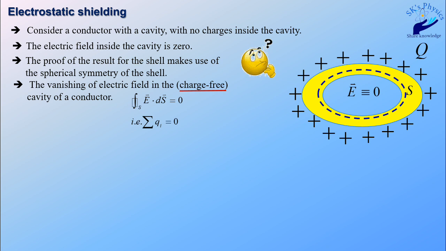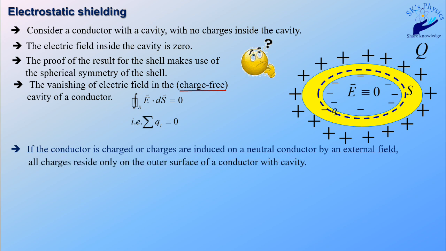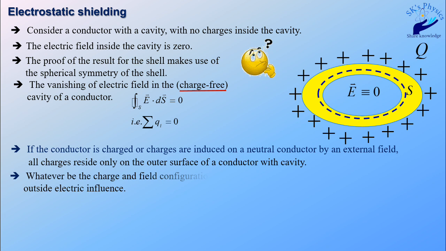If the conductor is charged or charges are induced on the neutral conductor by an external field, that means there are negative and positive charges. All charges reside only on the outer surface of a conductor with cavity. Whatever be the charge and field configuration outside, any cavity in a conductor remains shielded from outside electric influence.